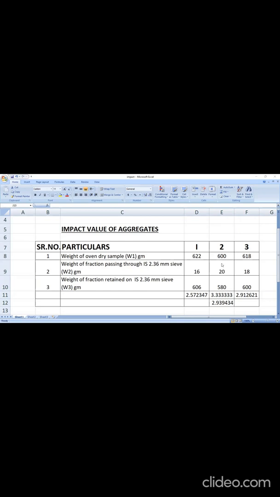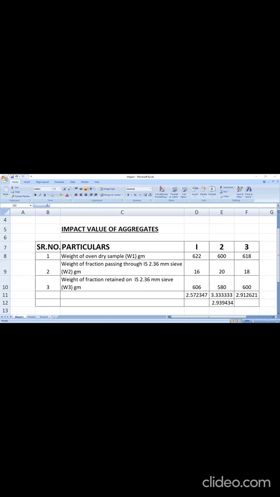For the second observation, the sample weight is 600 gram, passing 20 gram and retained 580 gram. And the last one, weight of sample taken 618 gram, passing 18 gram and retained 600 gram.